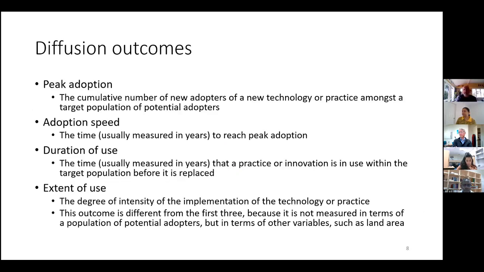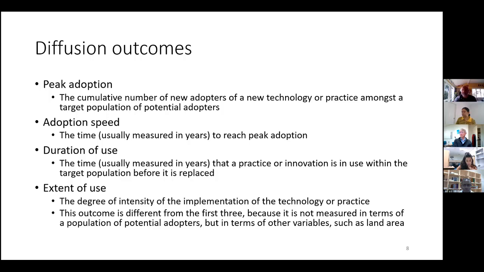So peak adoption obviously is the cumulative number of new adopters that come on board to use a new technology. The adoption speed is the time it takes, which shapes the S-curve in terms of how it leans. Then the duration of use, which is not reflected on those curves, is really the time that the practice is actually used within the target population.